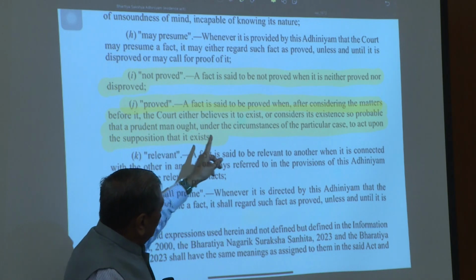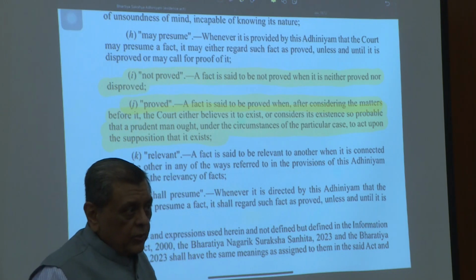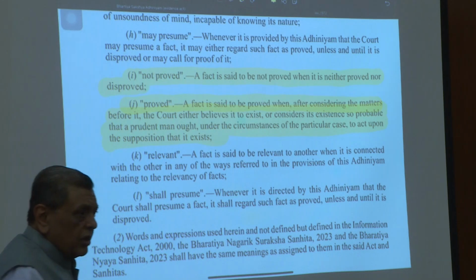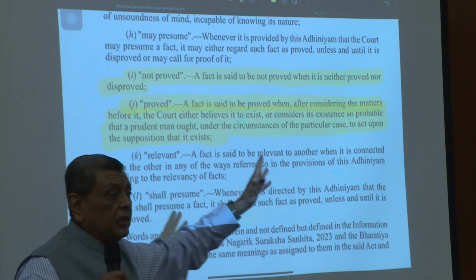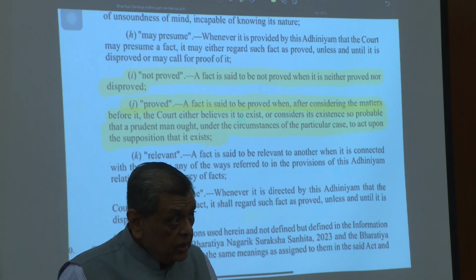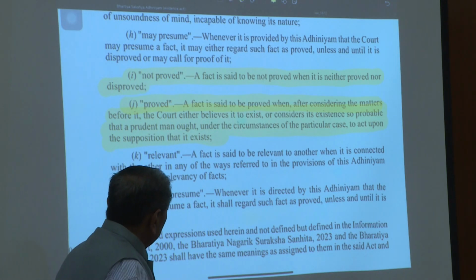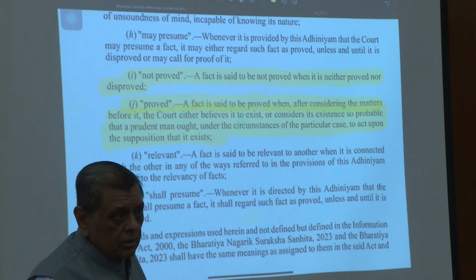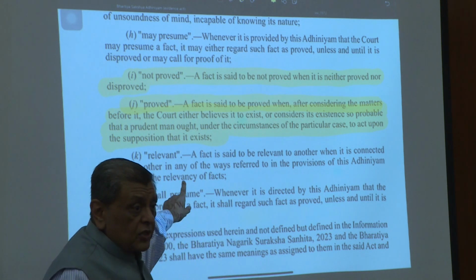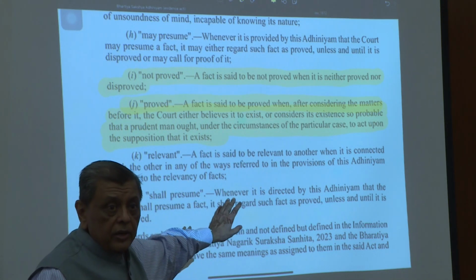A fact is said to be proved when? This is where it's counterintuitive. After considering the matters before it, the matters, which means pleadings, evidence, everything, oral, documentary, the court either believes it to exist. This is not an absolute standard. This is not an absolute standard.